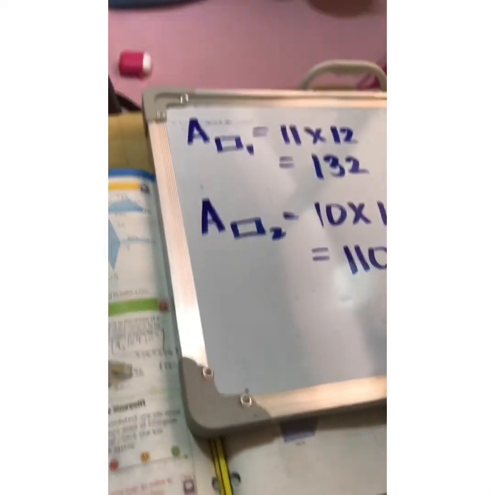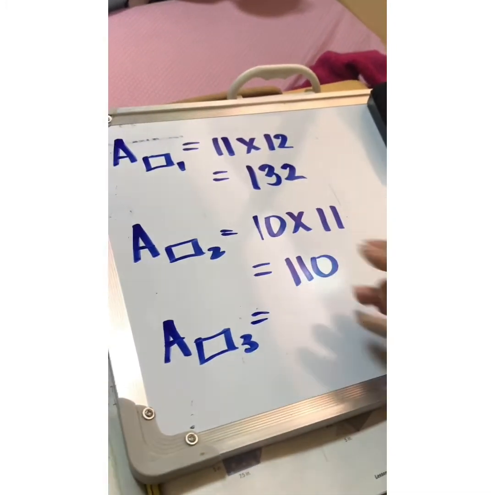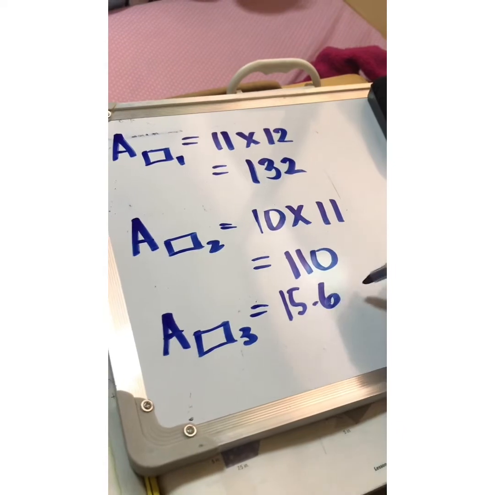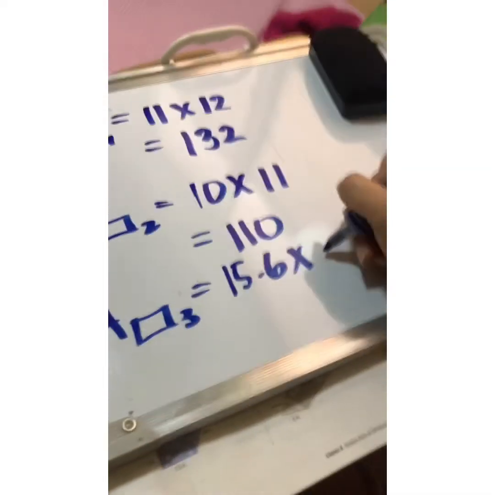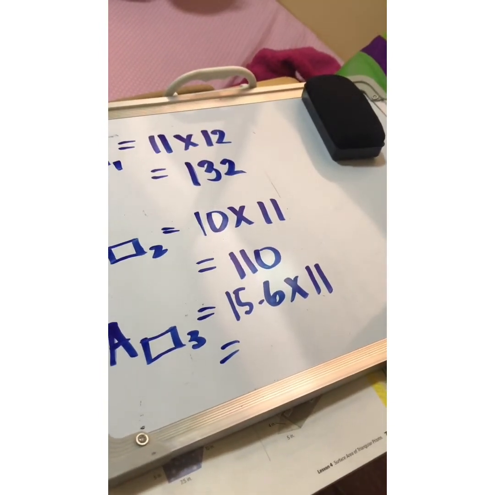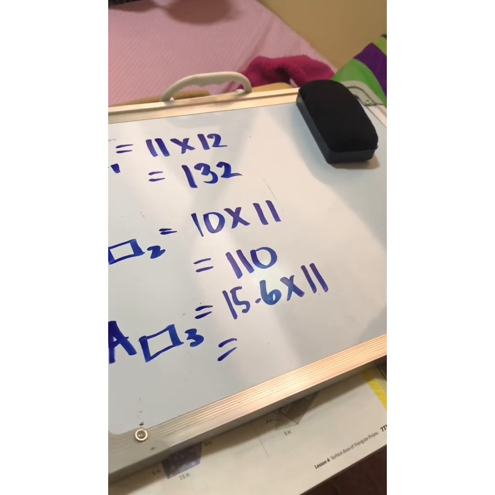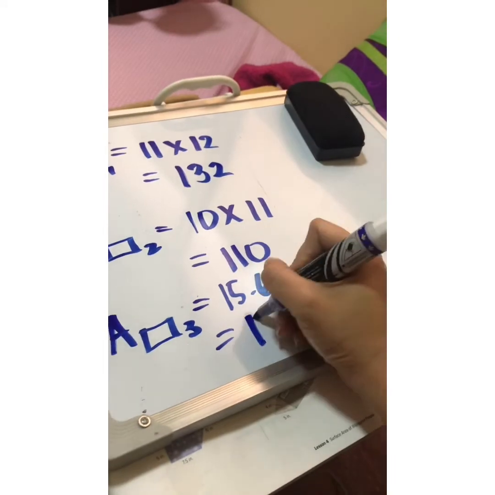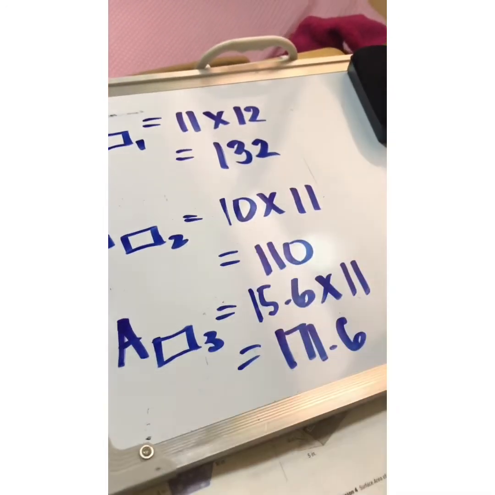So that's for the third rectangle. So area of rectangle 3 equals 15.6 multiplied by 11. Multiply it. Be careful when you're multiplying decimals, how you have to put the decimal in your final answer. So we got 171.6.